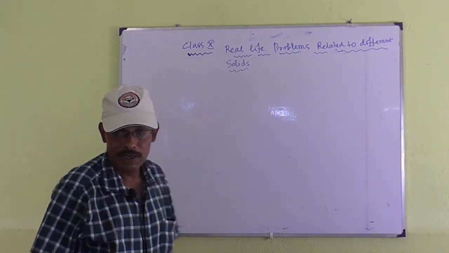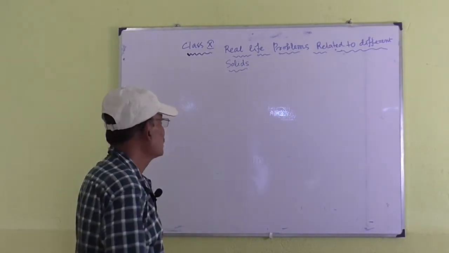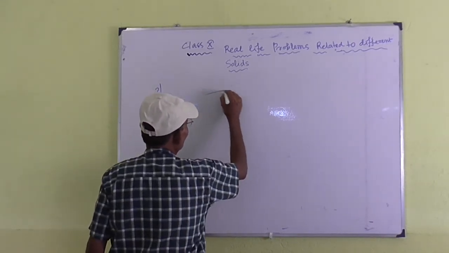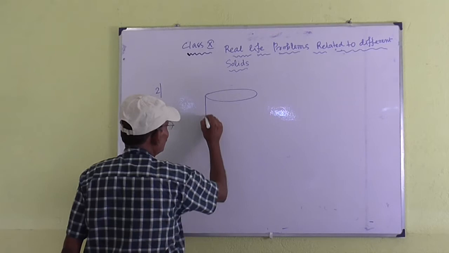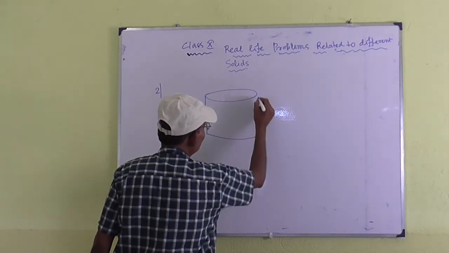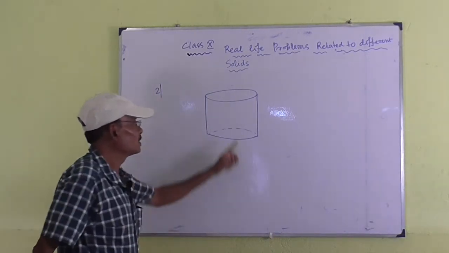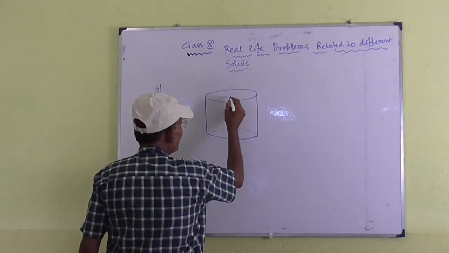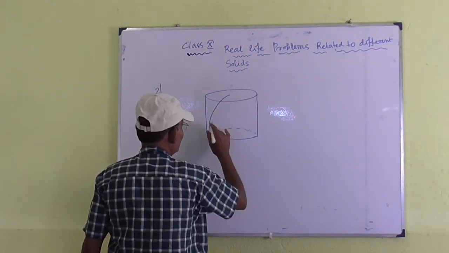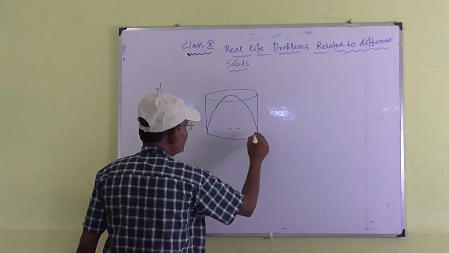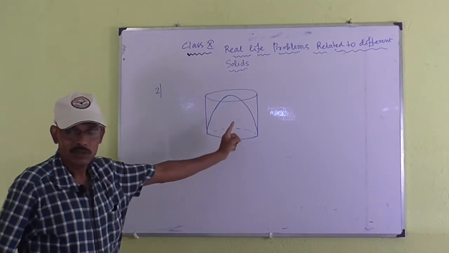Next example is example number 2. Let us take a solid cylinder, and a hemisphere is taken inside the solid cylinder.